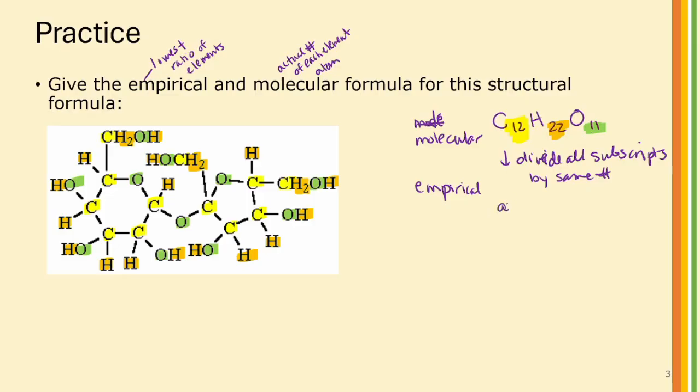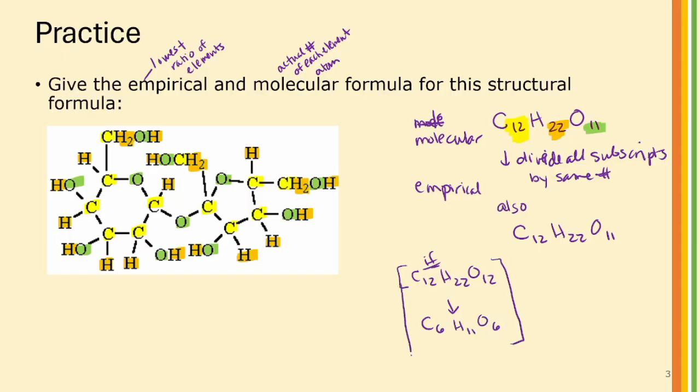So in this case also, the empirical formula is C12H22O11. However, had it been something like C12H22O12, that would have reduced to C6H11O6. So that's not what the problem asked, but just to show you the difference between a molecular and an empirical formula.